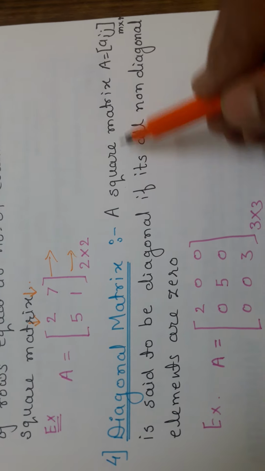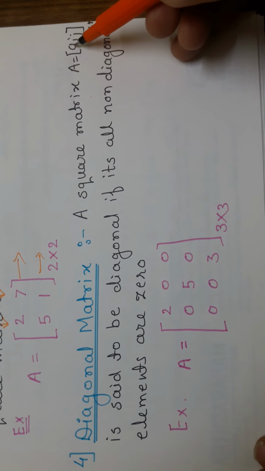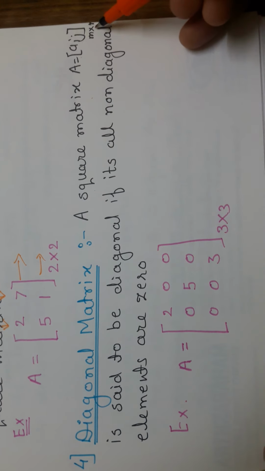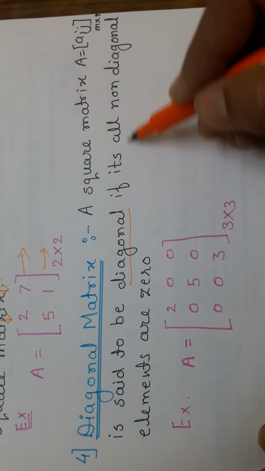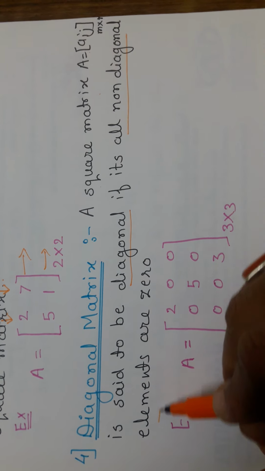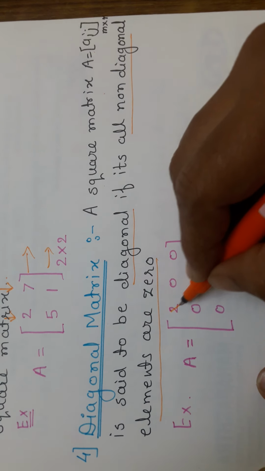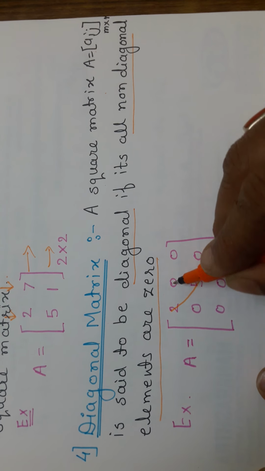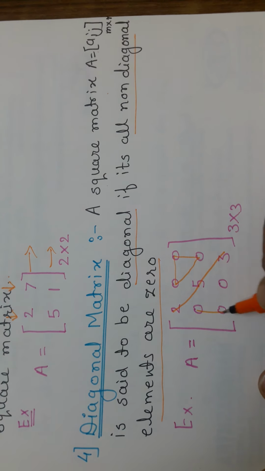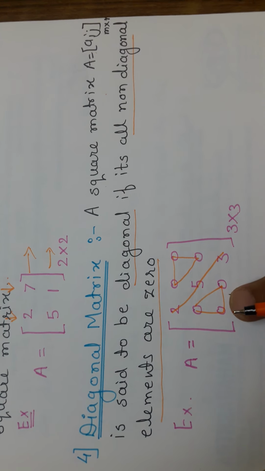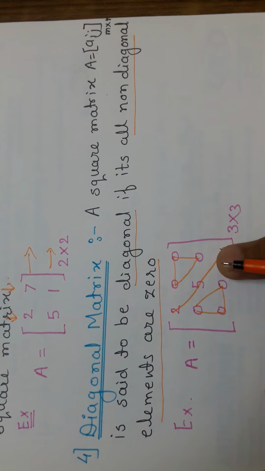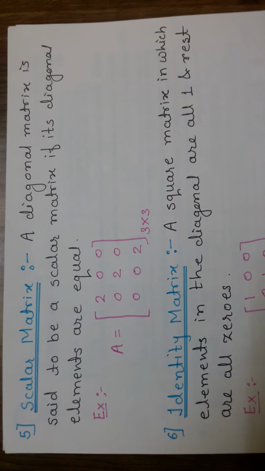Diagonal matrix. A square matrix A equal to aij, m cross n, is said to be a diagonal matrix if all its non-diagonal elements are 0. These are called the diagonal elements and these are called the non-diagonal elements, and the non-diagonal elements here are 0.